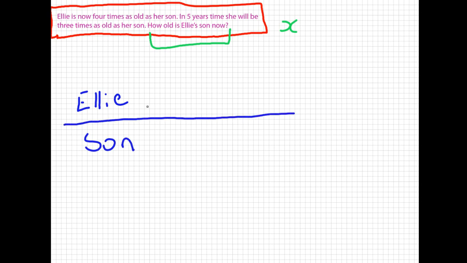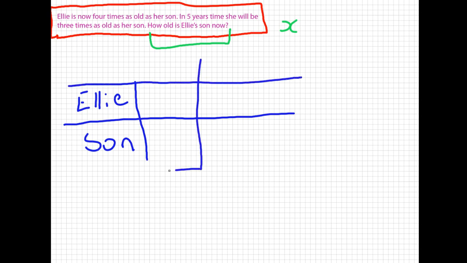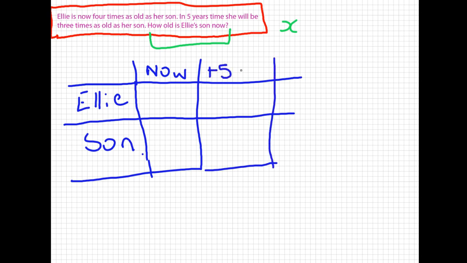And then let's say we have one column to represent how old they are now, and then a column for how old they will be in 5 years' time, so plus 5 years.